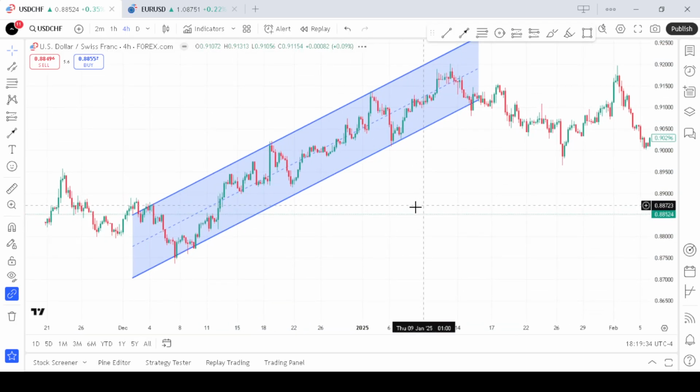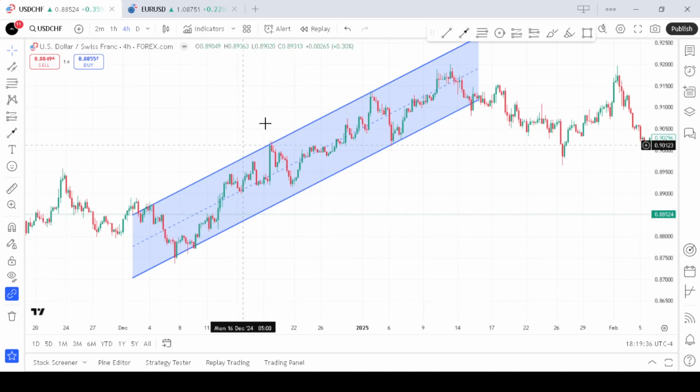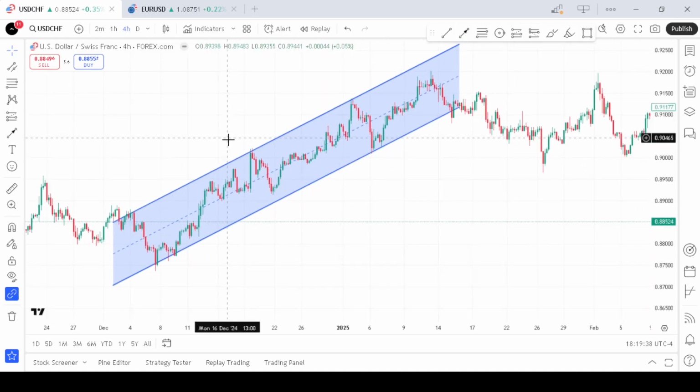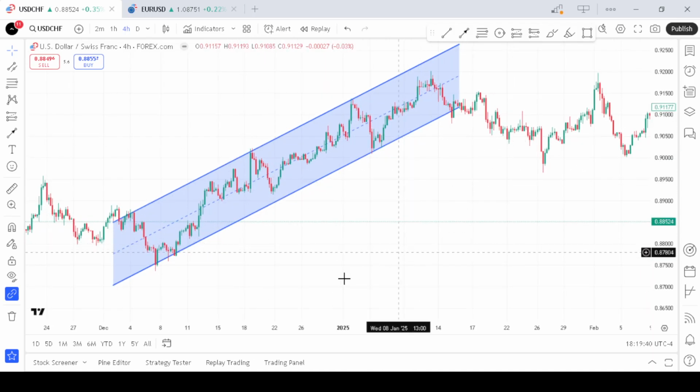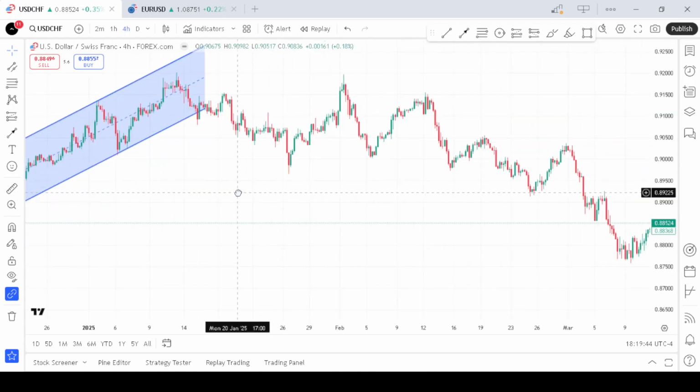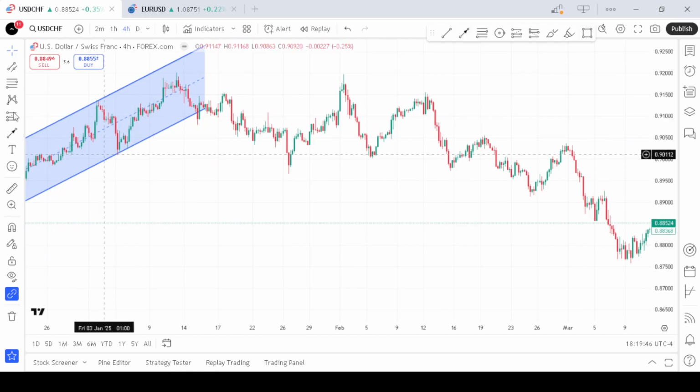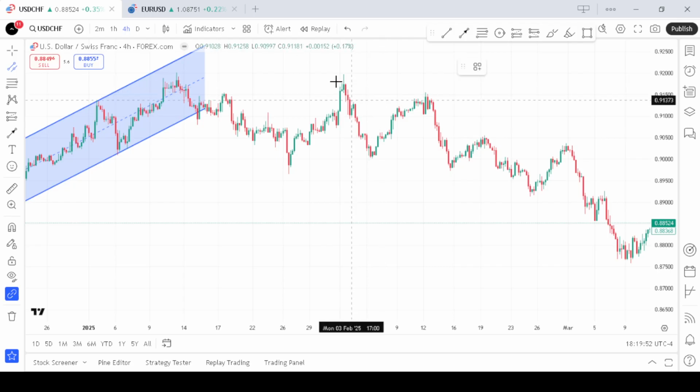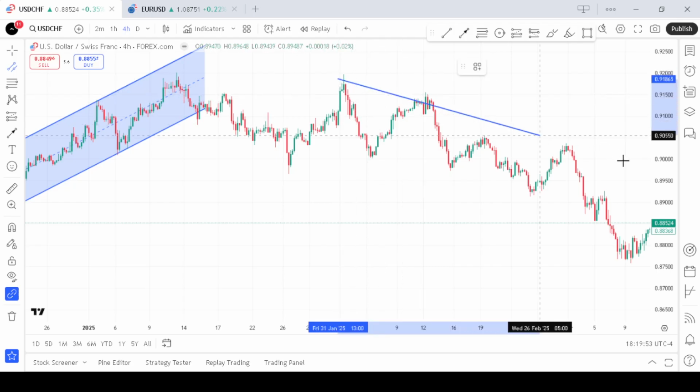The channel helps us to understand the overall direction of the market, whether it is in an uptrend, a sideways market, or a downtrend. If we are to draw a channel towards the downside, we would see the same thing. So let's try drawing a channel towards this side.